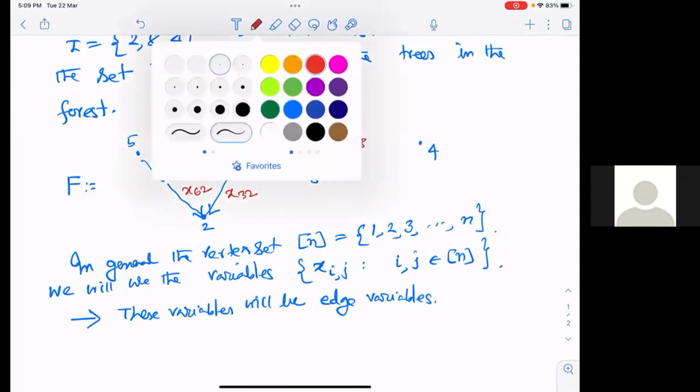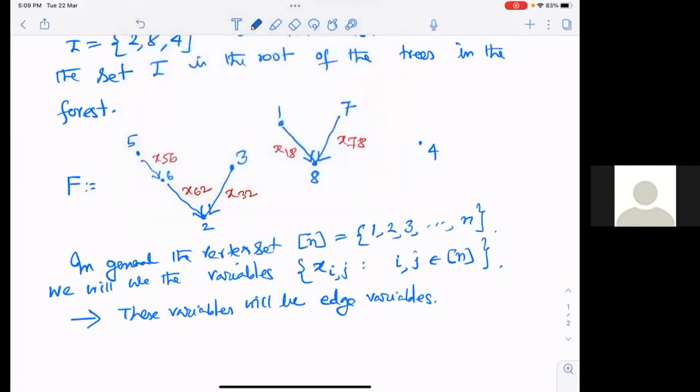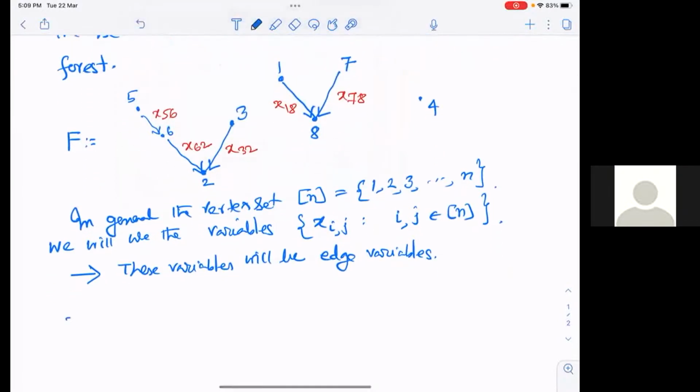That means the labeling interpretation is that if there is an edge from i to j, I label this edge by the variable x_ij. Is this clear? The labeling information? Yes, sir. Okay.